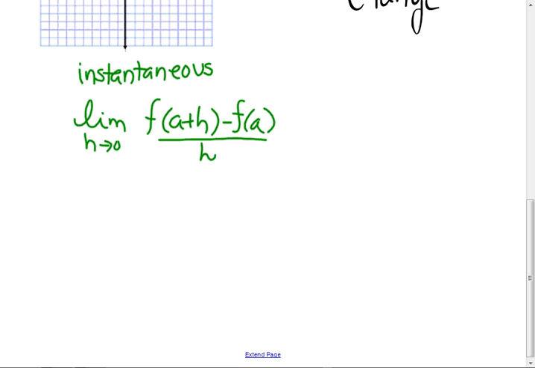So you get a hole when h is 0, you get 0 over 0, because you can't take the slope at a single point. It doesn't make sense, does it? You have to have 2 points. So what we're trying to do is we do take 2 points, and we get really close to that single point, and we say this is our limiting value, whatever that is.